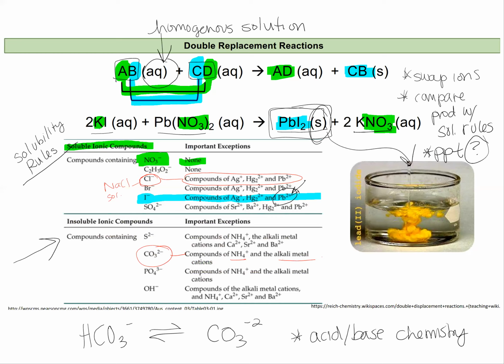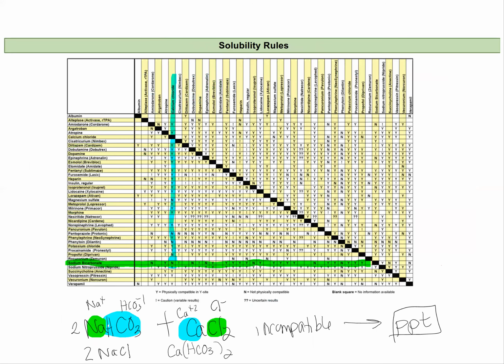So that means we would expect our calcium carbonate to be insoluble. So we will assume that this then becomes calcium carbonate through an acid-base reaction. And so this would be the precipitate we would see in an IV line.